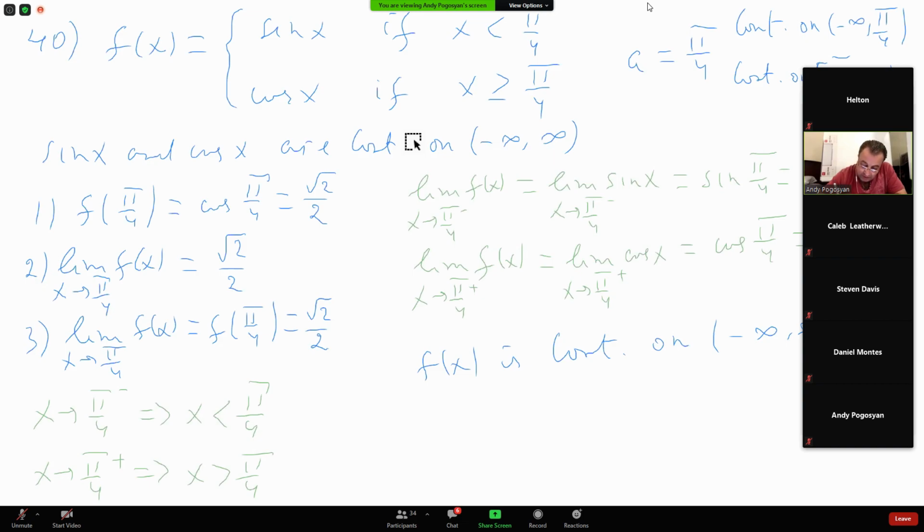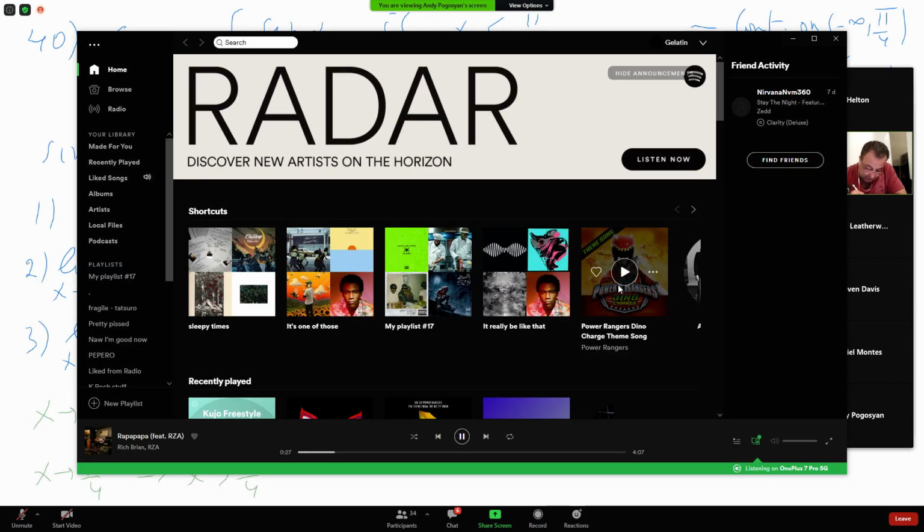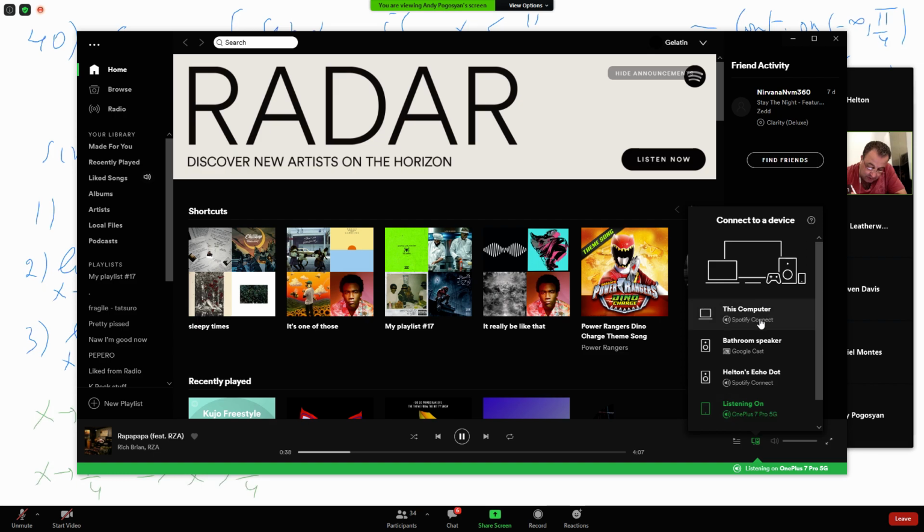So these two show, not these two, sorry, this shows that the limit exists. This one shows the function value. These three show it's continuous at x equals pi over 4.